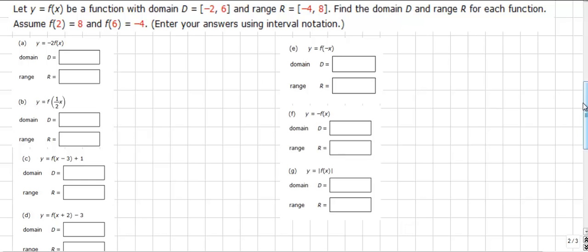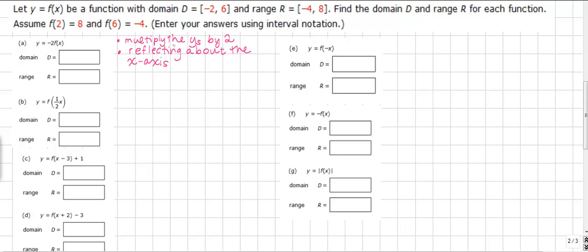Okay, the first function you're given is y equals -2 f of x. This means that you are multiplying the y's by a value of 2, and then the multiplication by -1 would reflect your graph about the x-axis.